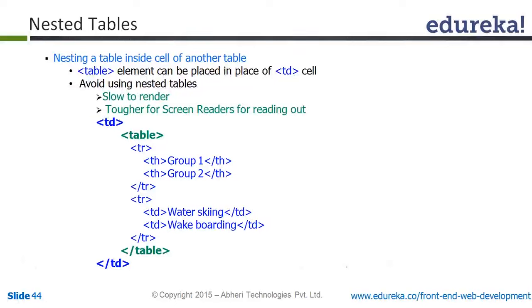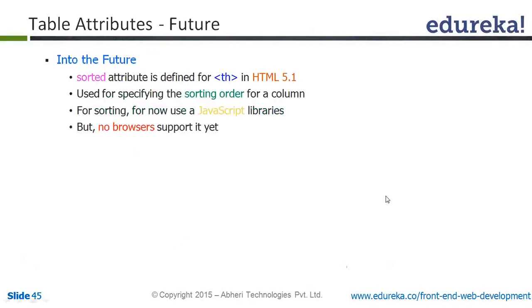As long as it's a simple table, they will be able to visualize it. But if you nest the tables, then it will be difficult for the visually challenged people to understand. Therefore, nested tables are discouraged from the perspective of accessibility to the visually challenged people. But technically, yes, the browser does support it.